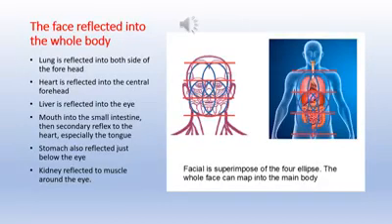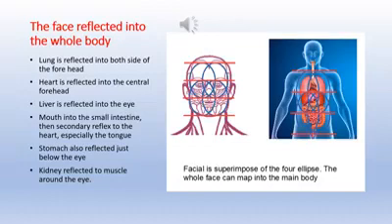So the lung is reflected into both sides of the forehead. Some people sometimes have a headache at the side of the forehead, and then you suspect it is a lung problem. The lung also goes slightly into the eyes. So when there is water congestion in the lung, the water going down is reflected on the eye.